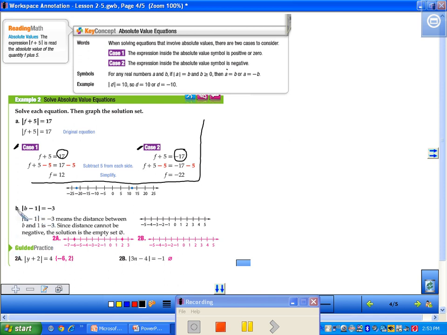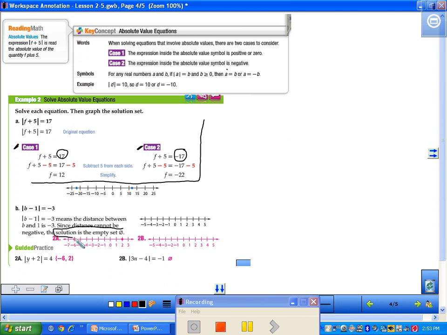Look at B. Absolute value of b minus 1 equals negative 3. Pay attention to this section. This problem means the distance between b and 1 is negative 3. Since the distance cannot be negative, the solution is an empty set.